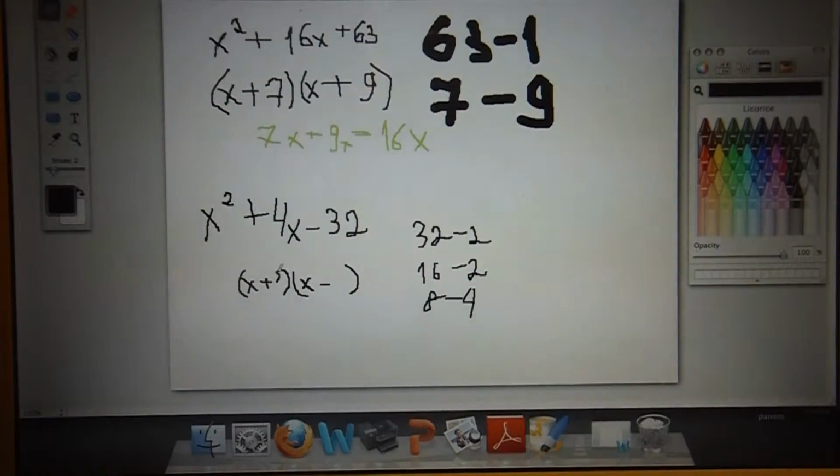So we need to make 8 positive and 4 negative. Does 8x minus 4x equal 4x? It does equal 4x. So this is your answer right here.